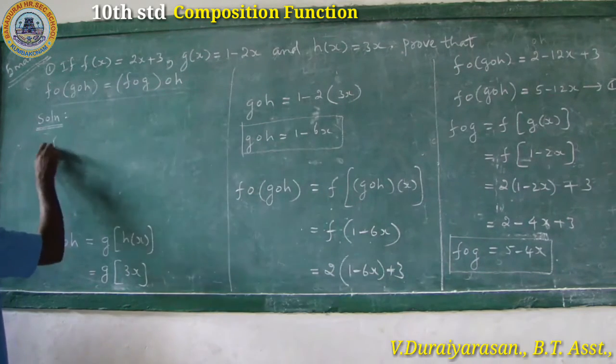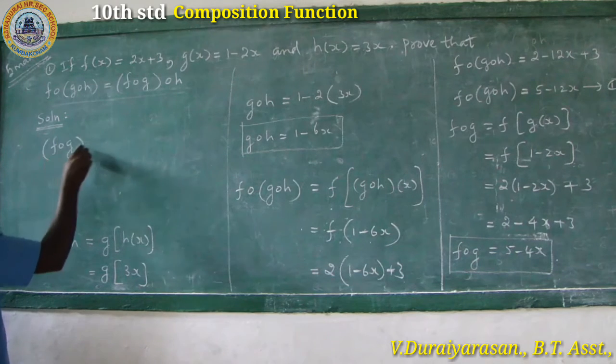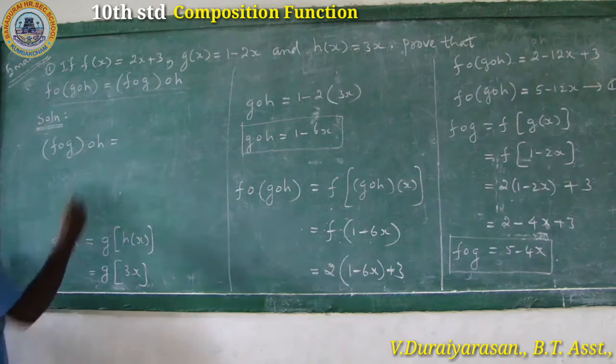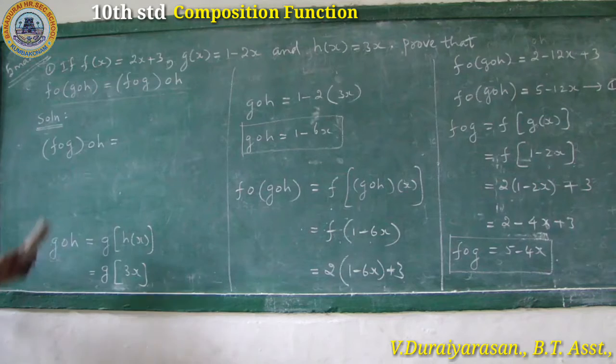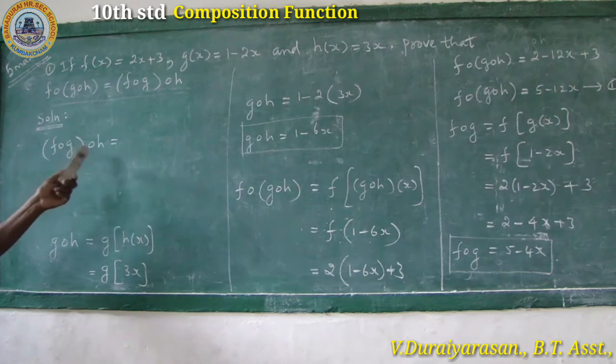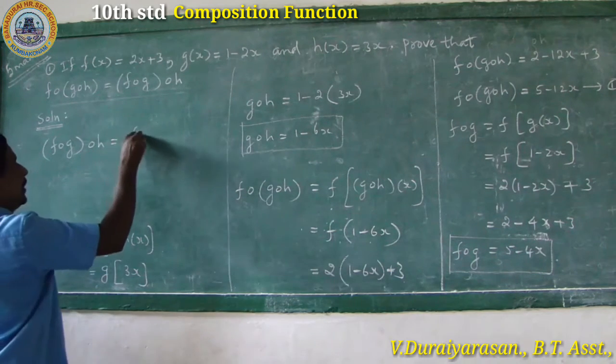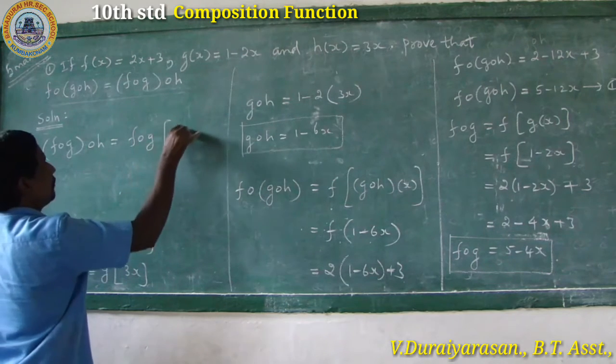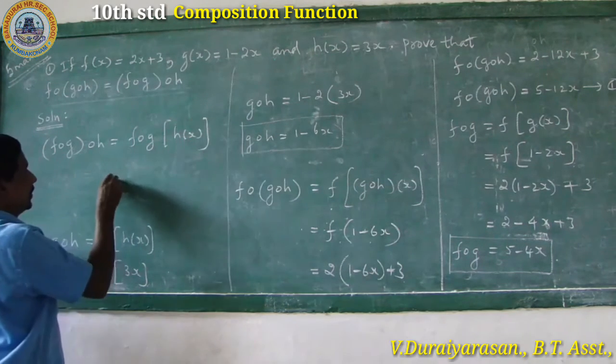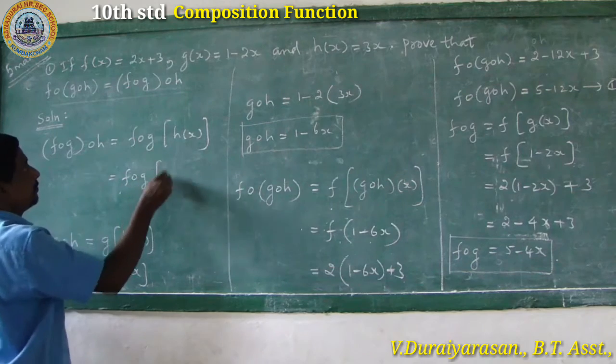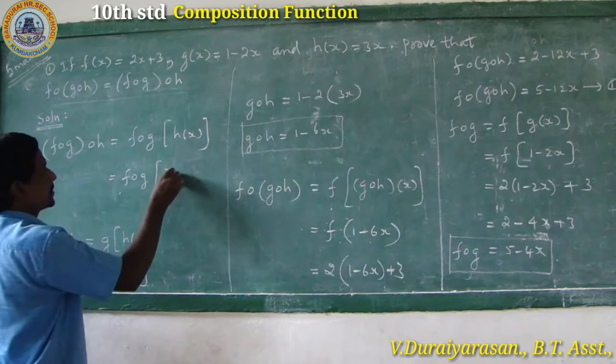Then find f composite g composite h. f composite g of h of x is equal to what? h of x is 3x.